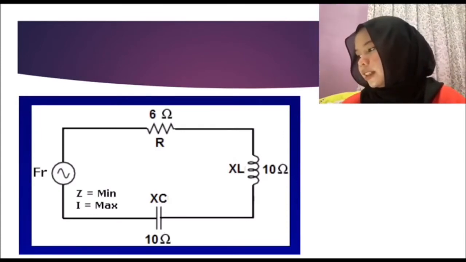You can see the XL, the XC, the Z, and the frequency. Z minimum, I maximum.